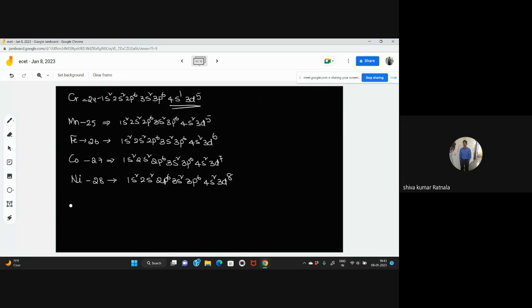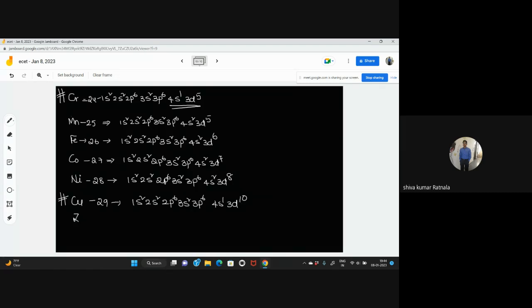Next copper. It is also an exceptional configuration. Okay, that is 29. Configuration is 1s2, 2s2, 2p6, 3s2, 3p6, 4s1, 3d10.